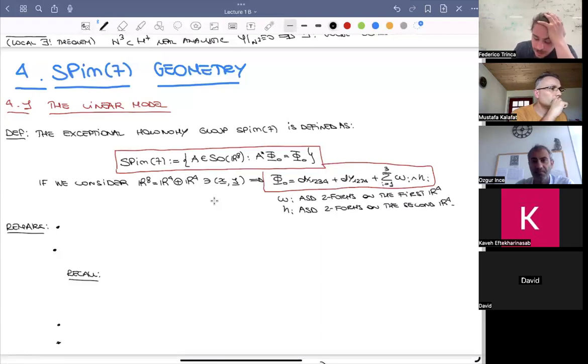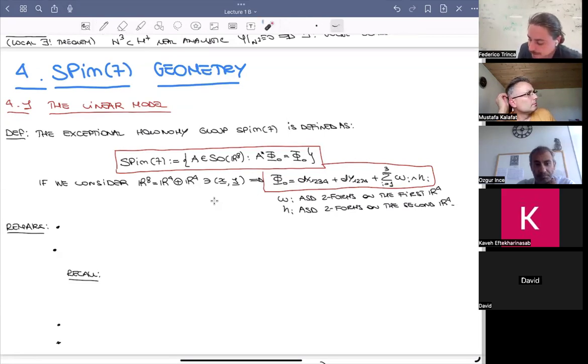For me, the exceptional holonomy group Spin(7) is defined as the subgroup of SO(8) which preserves a four-form phi naught, and such a four-form phi naught can be written under the splitting of R8 as two copies of R4 as the volume form of the first copy of R4, plus the volume form of the second copy of R4, plus the sum of omega i wedge zeta i, where omega i and zeta i are the anti-self-dual two-forms of the first R4 and of the second one.